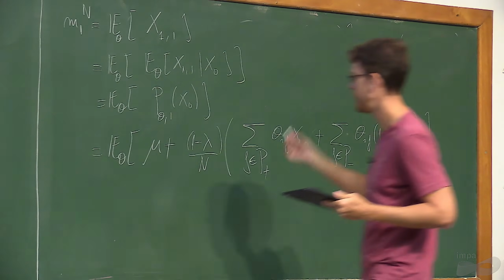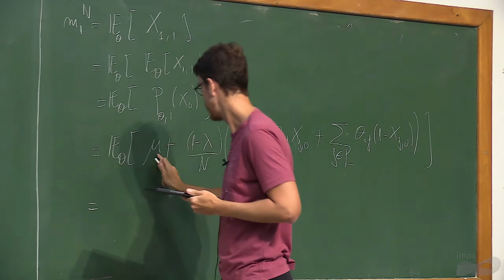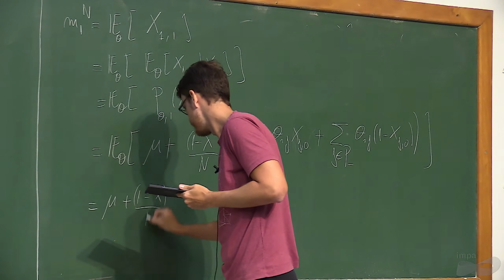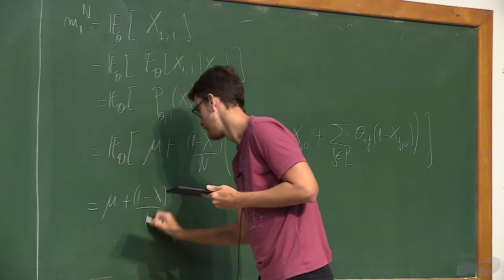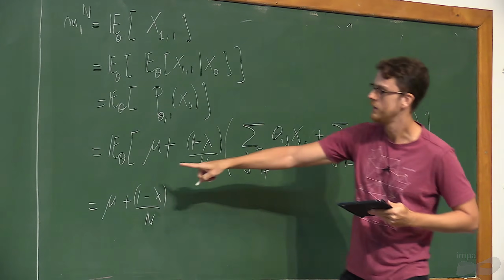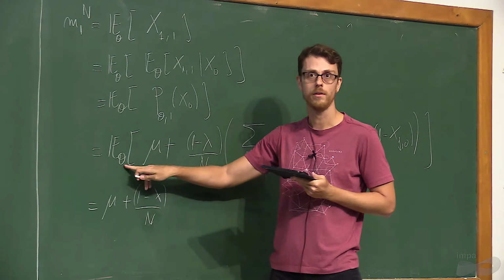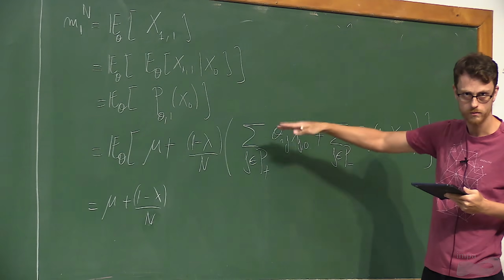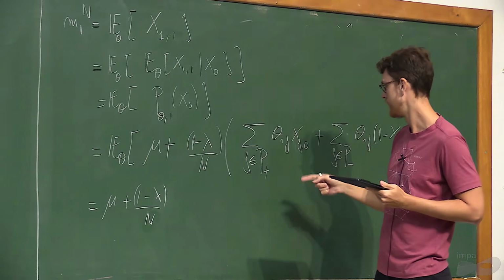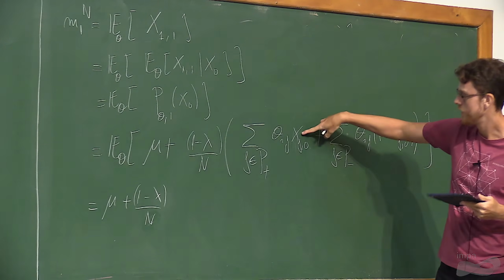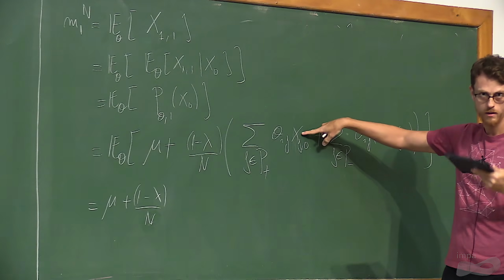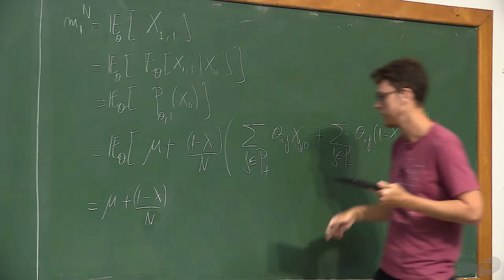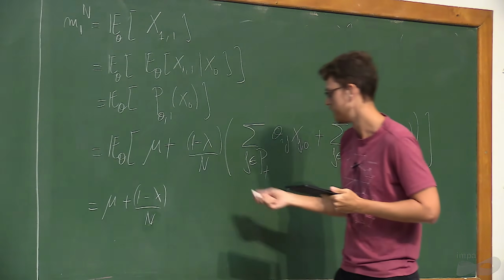And then I just use the linearity of the expectation, so this is mu plus 1 minus lambda over n. Since I'm taking the expectation conditionally on theta, this expectation comes here, it's constant, right? And the expectation of this guy is mj of n. Let me write it here.